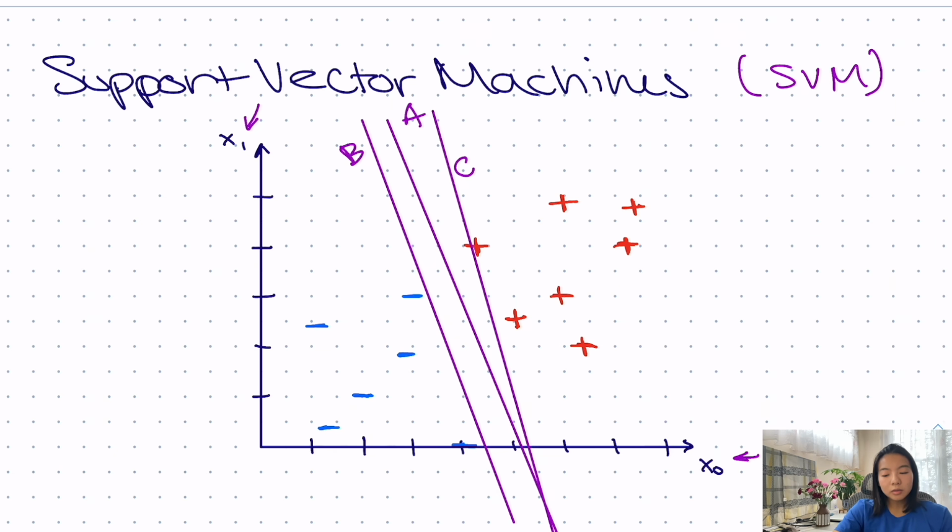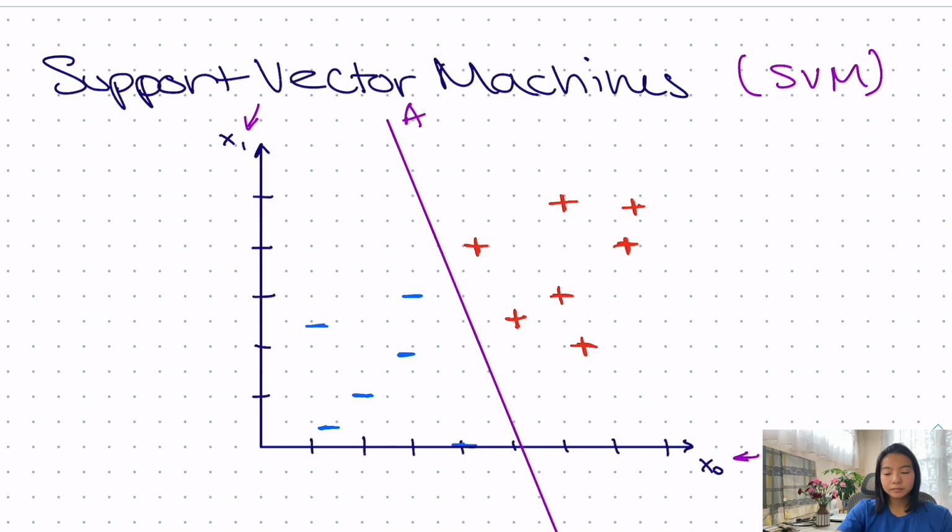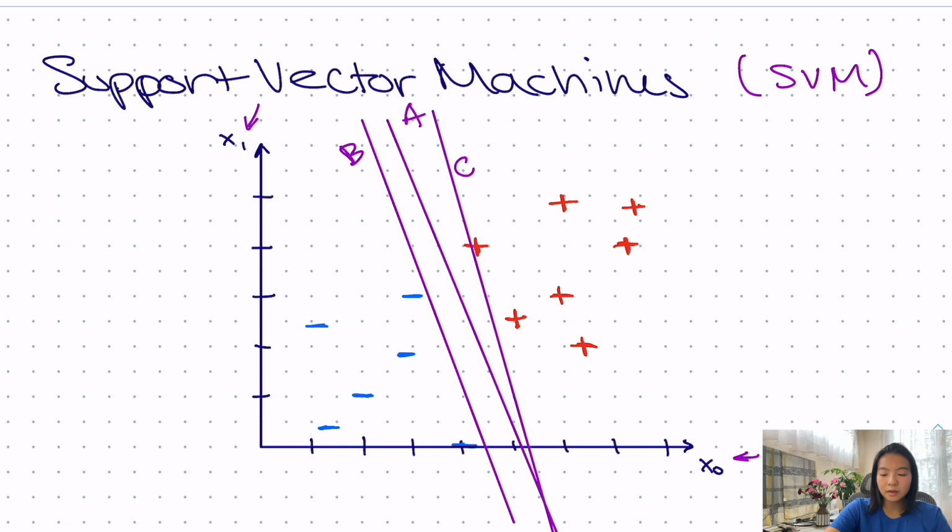So I would argue that it's still A, right? And why is it still A? Because in these other two, look at how close this is to these points, right?